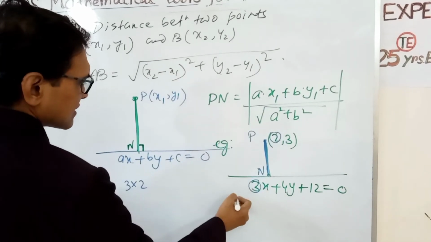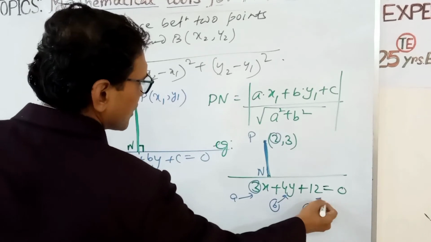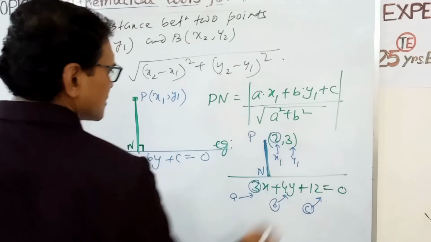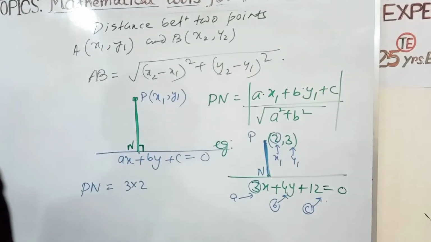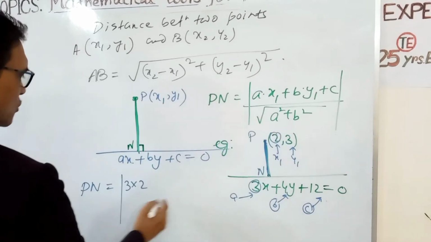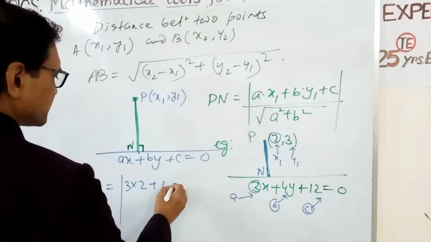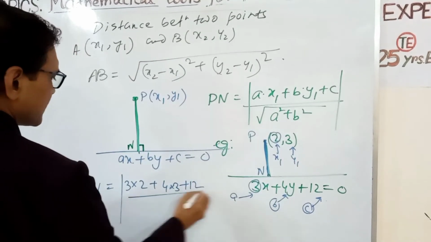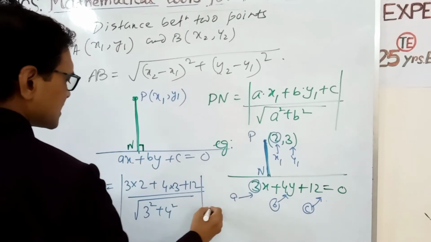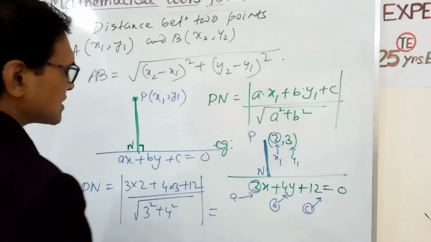Here a is 3, b is 4, c is 12, and x1 is 2, y1 is 3. Put these in the distance formula: 3 into x1, which is 2, plus 4 into y1, which is 3, plus 12, divided by the root of a square plus b square. So this is the distance. Calculate this. This will be 5.